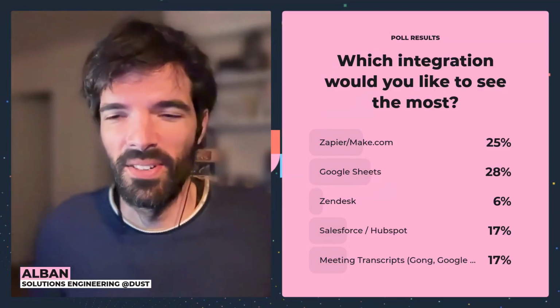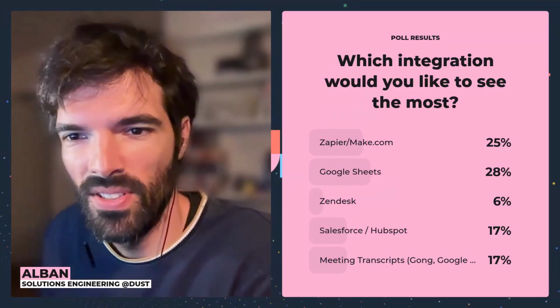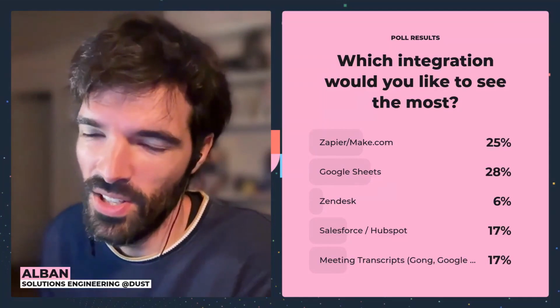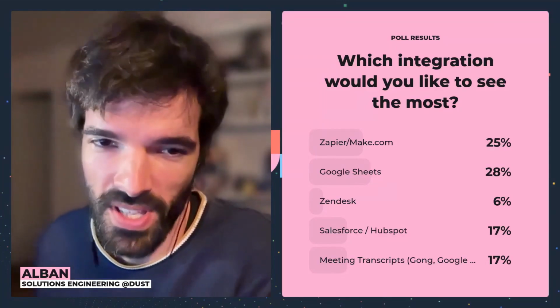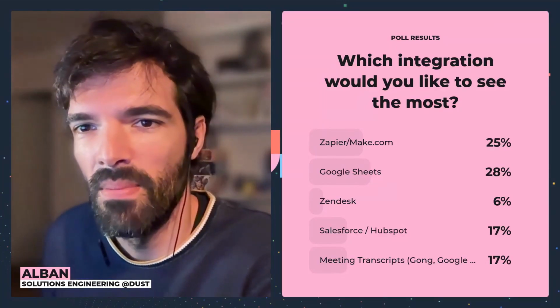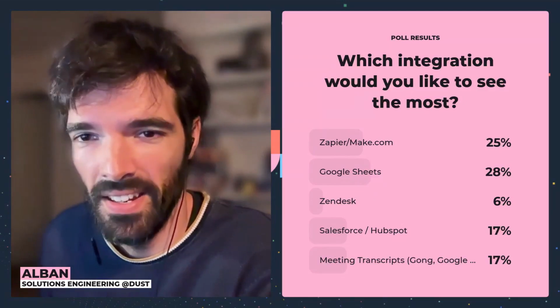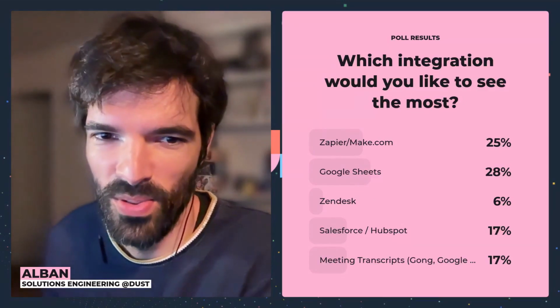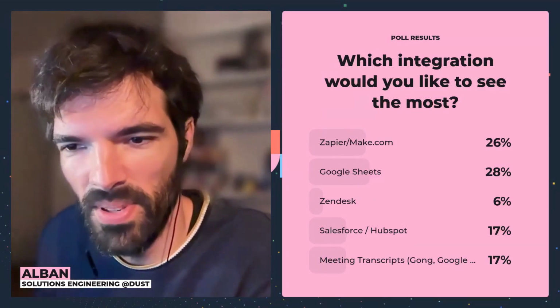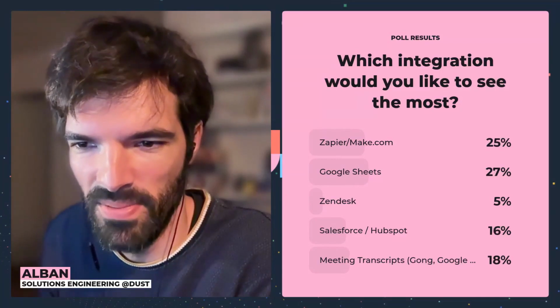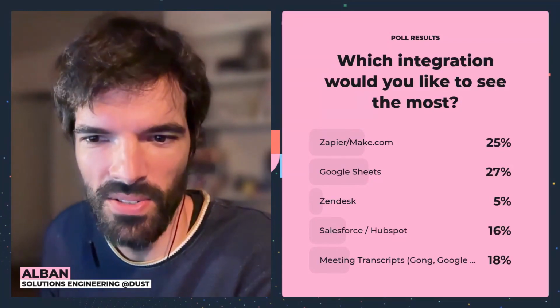So we might definitely release an Activepieces integration in the future. But basically, it's going to work pretty much the same. It's the same idea. So once you get how it works with Zapier, you can make it work with Activepieces as soon as we have an integration ready.